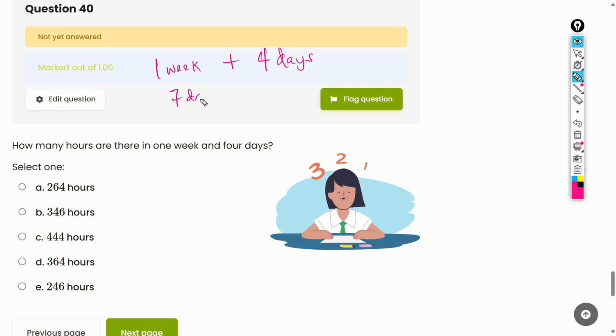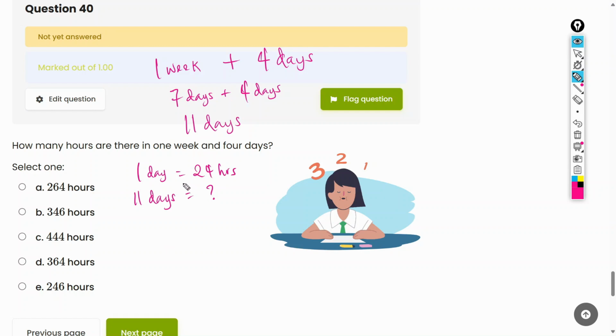So that's 7 days plus 4 days, which is 11 days. So we are looking for how many hours are there in 1 week and 4 days. Recall that in 1 day, we have 24 hours. Now we want to find how many hours are there in 11 days.